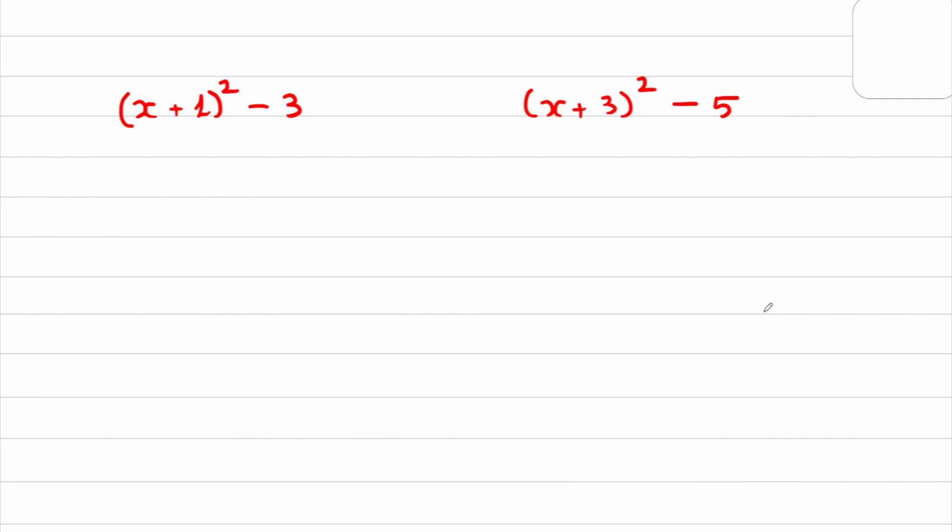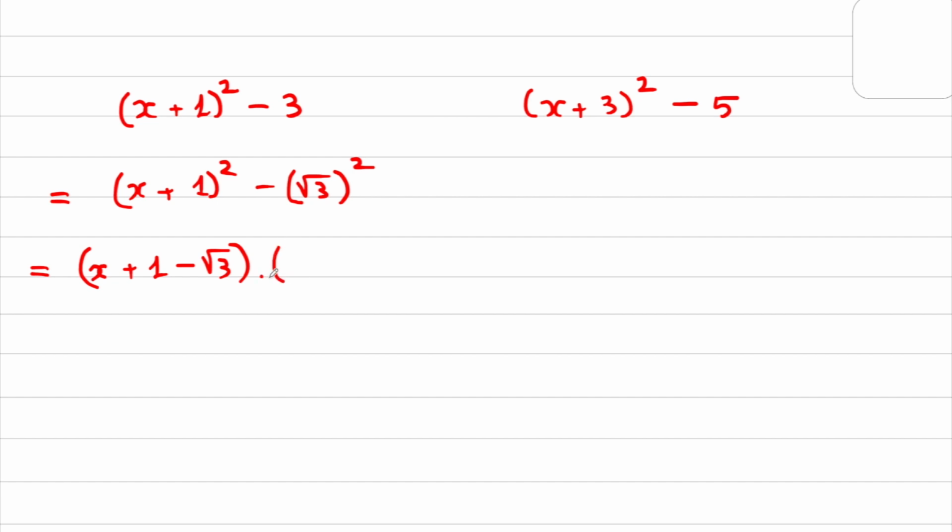For example, in this question, x plus 1 squared minus 3. You can see that you have a non-square number for 3 and you need to change the form of this writing. Minus 3 means square root of 3 and then squared outside. After that you have the form of the difference of the square. The first bracket is the subtraction and the last one has plus square root 3 here.